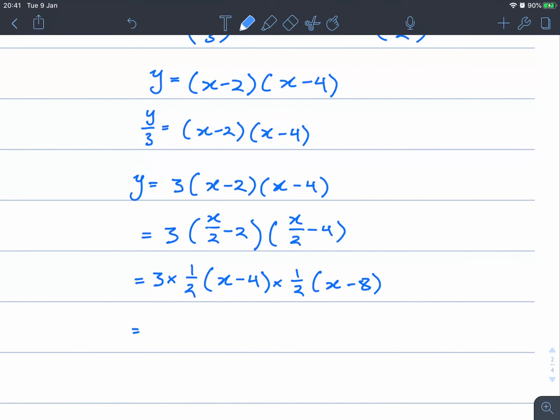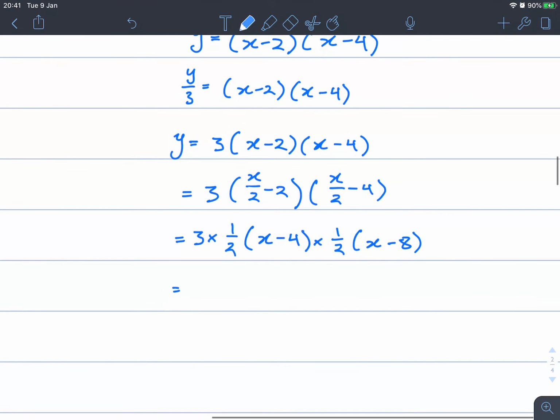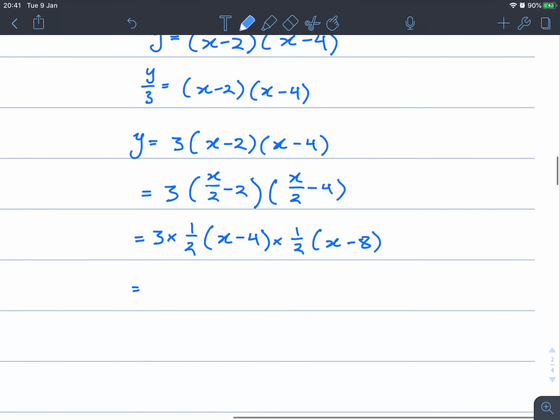We're evaluating all the values: 3 times a half times a half gives us 3/4 (x minus 4)(x minus 8).